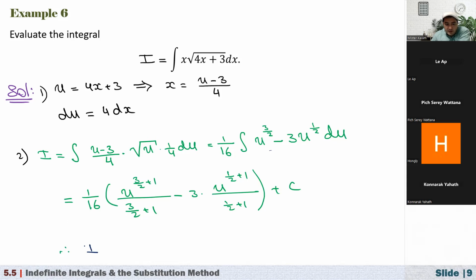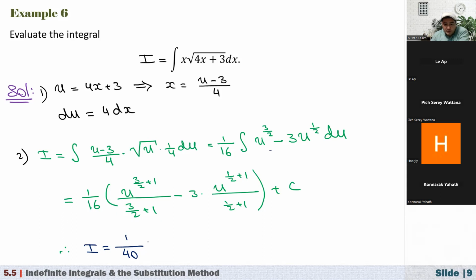Okay. So this I is equal to, the first one, 2 goes up, so it is 8. 8 times 5, it is 40. So that is 1 over 40, because 1 over 16 times 1 over 5 over 2, so 2 goes up. Okay, it's correct, I think.